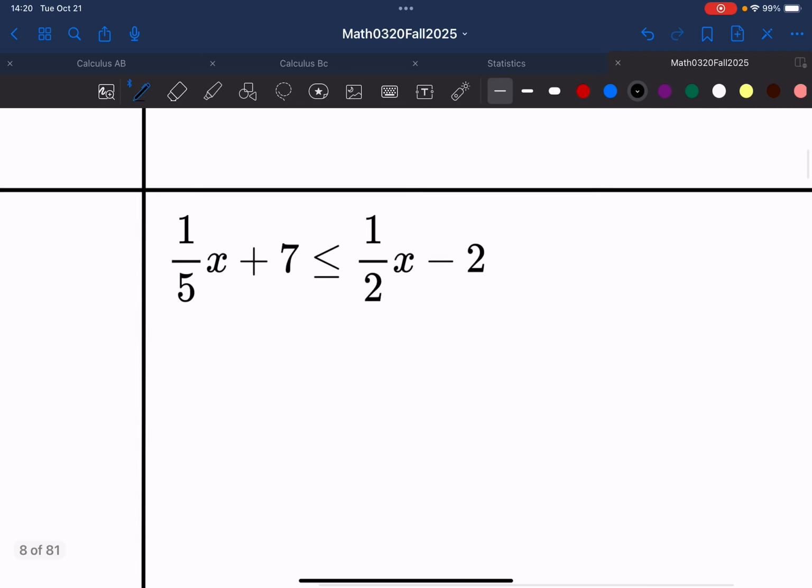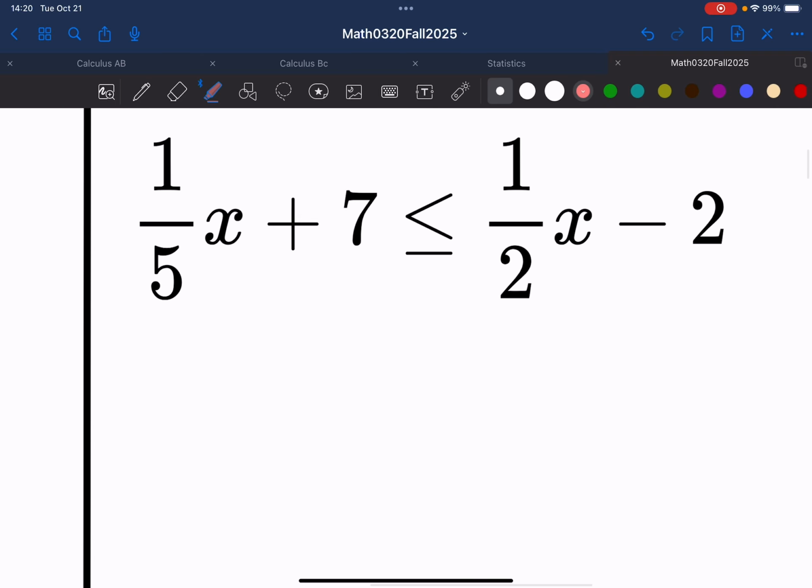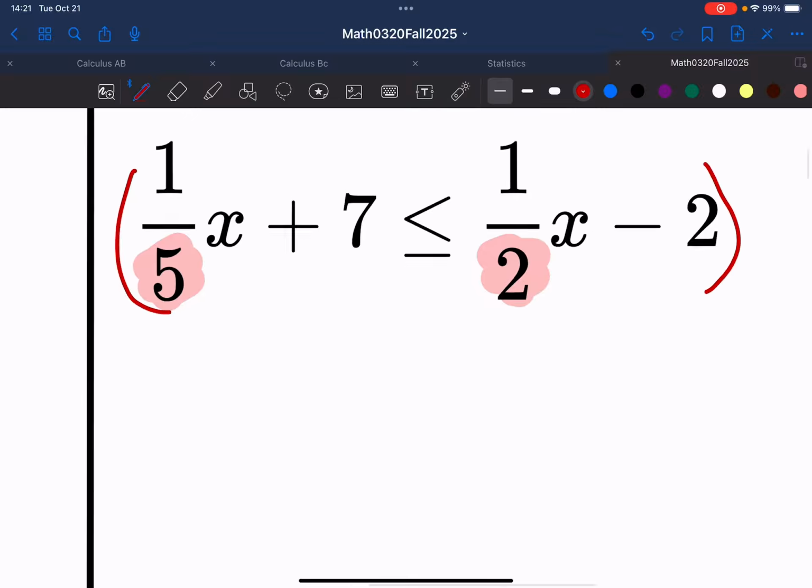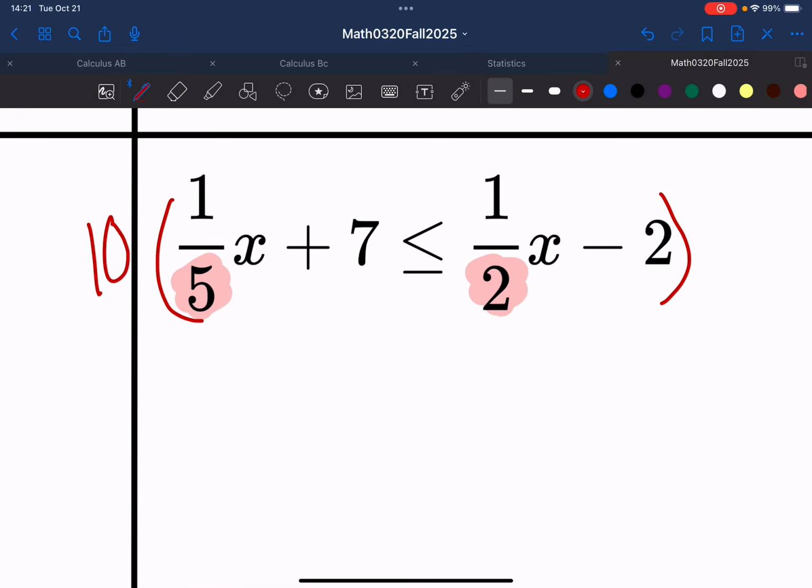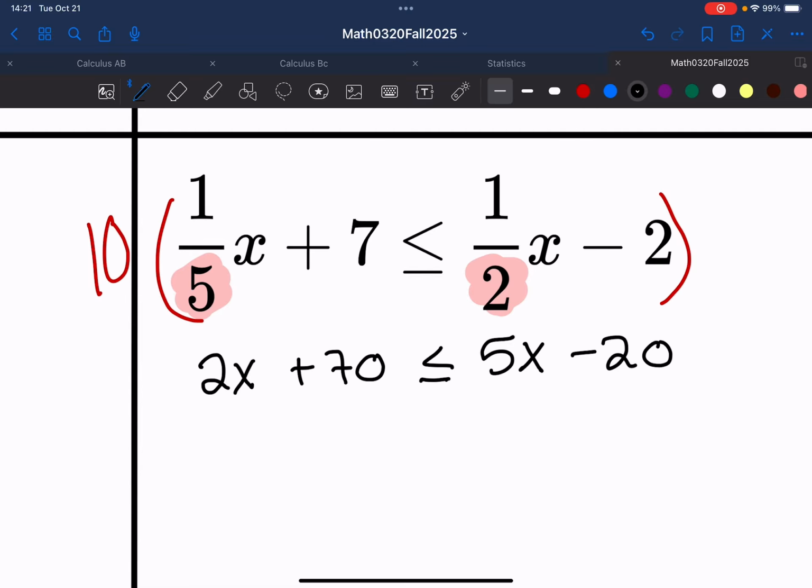Okay, I'm going to do the same thing on this side. So notice that my denominators here are 5 and 2. Okay, a number that both of them can divide into would be 10. So I'm going to multiply this entire thing by 10, which means I have 10 divided by 5, which is 2, so 2x. 10 times 7, which is 70. 10 divided by 2, which is 5x. And then 10 times negative 2, which is negative 20.